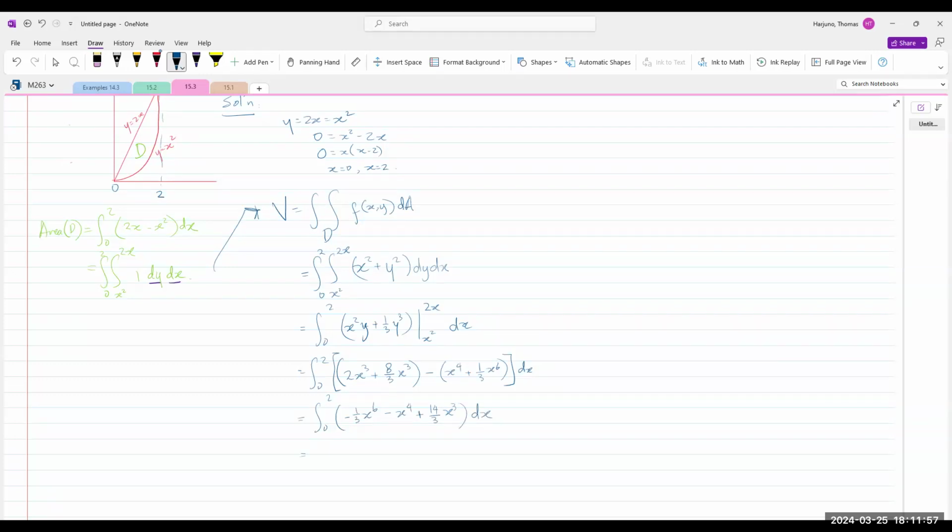That is negative 1 over 21. So I divide further by 7. x to the 7th minus 1/5 x to the 5th plus 14 over 3 times 4, 12, x to the 4th from 0 to 2.